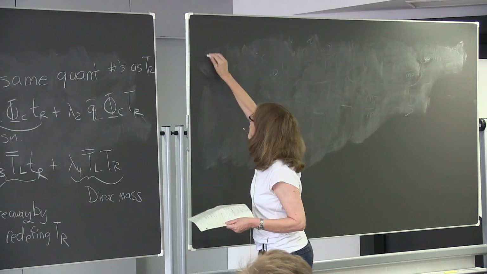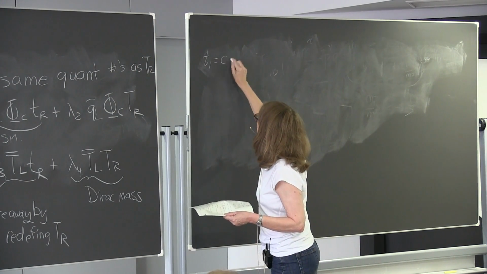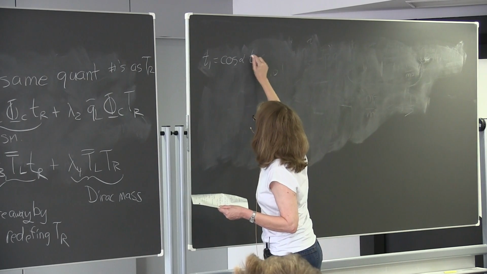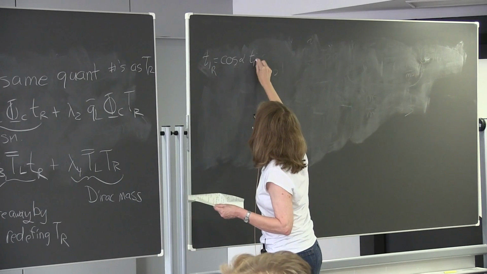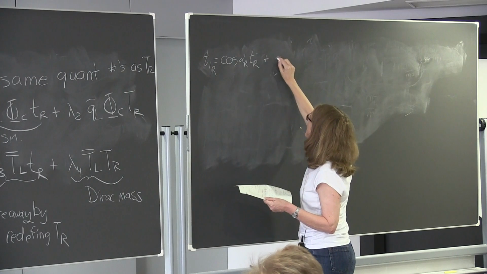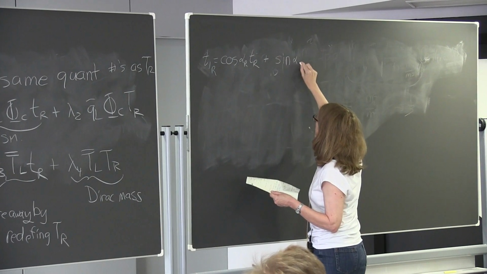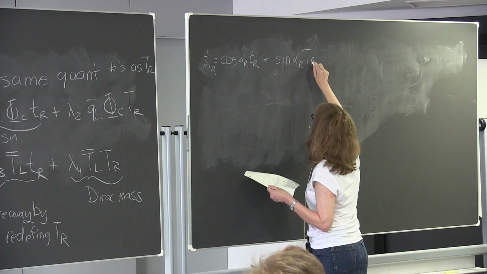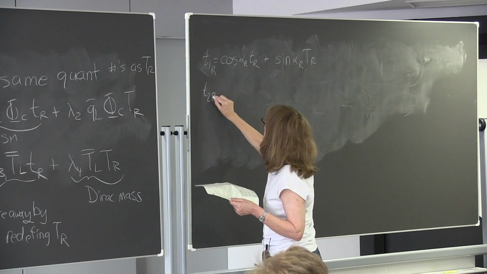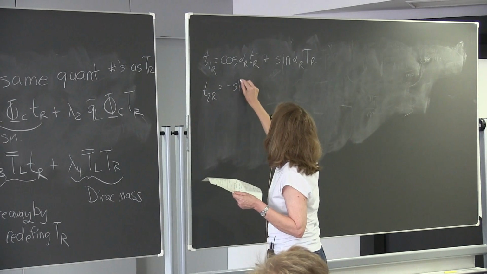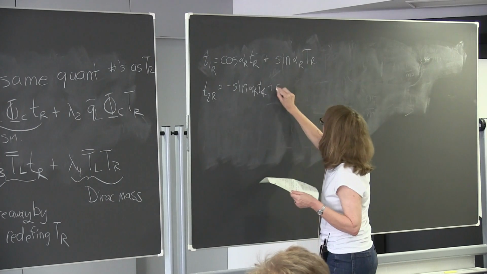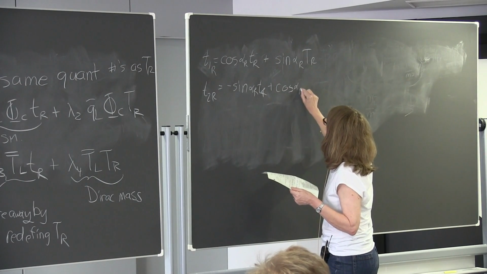So we'll have T1 right equals the cosine of some angle alpha right times t right, plus sine alpha right times big T right. And T2 right is going to equal minus sine alpha right, t right, plus cosine alpha right, big T right.